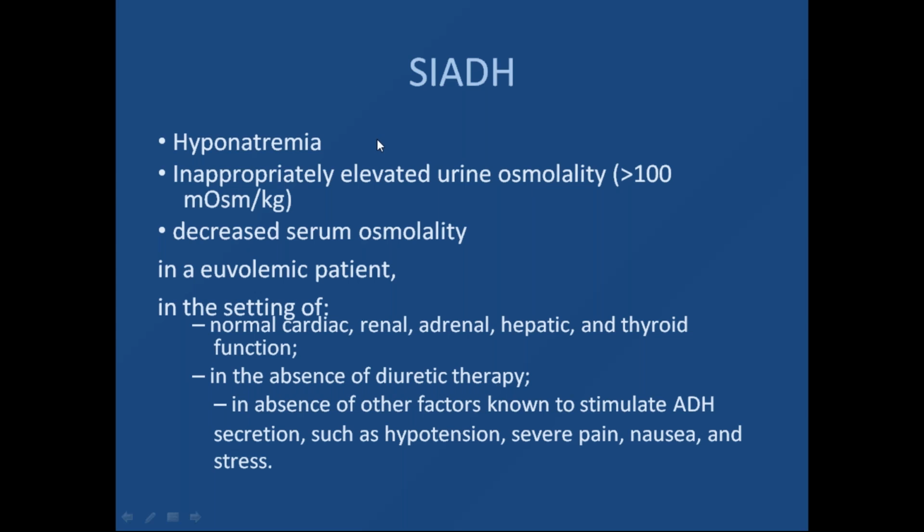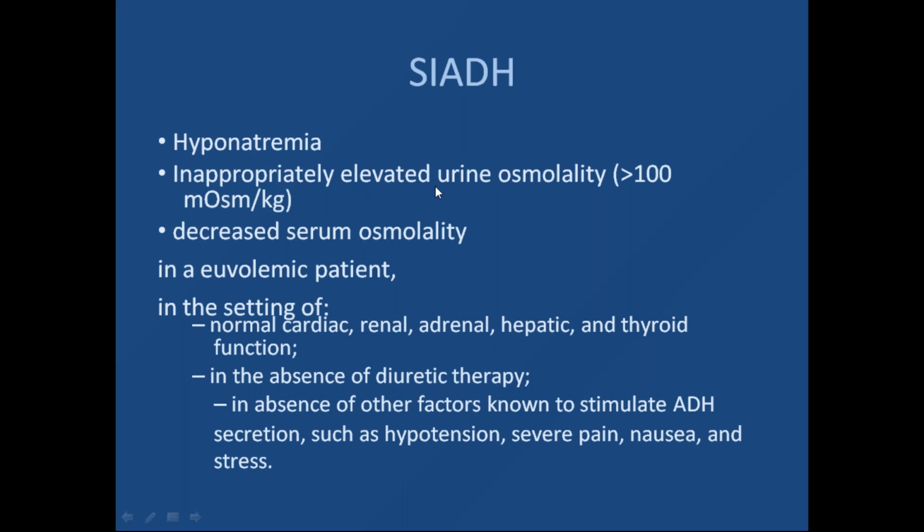So what are the manifestations? As we have discussed, hyponatremia. This is the first and foremost condition we will see in SIADH: hyponatremia and inappropriately elevated urine osmolality. Why do we call it inappropriately elevated?